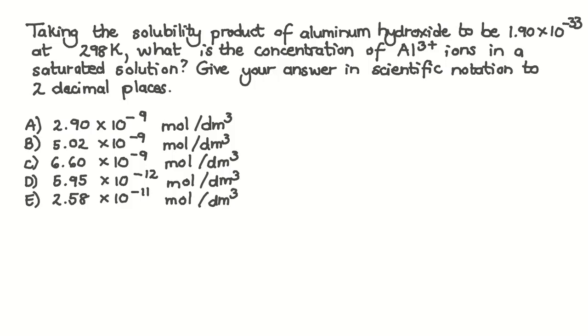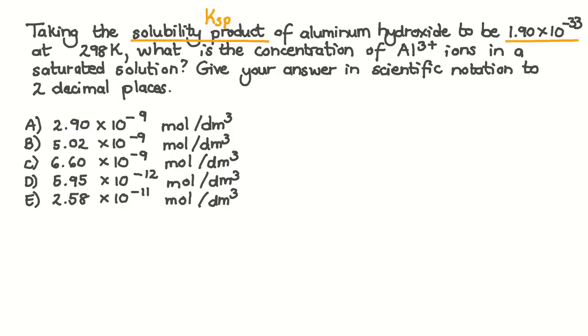A 2.90 times 10 to the negative 9 moles per dm cubed, B 5.02 times 10 to the negative 9 moles per dm cubed, C 6.60 times 10 to the negative 9 moles per dm cubed, D 5.95 times 10 to the negative 12 moles per dm cubed, or E 2.58 times 10 to the negative 11 moles per dm cubed.